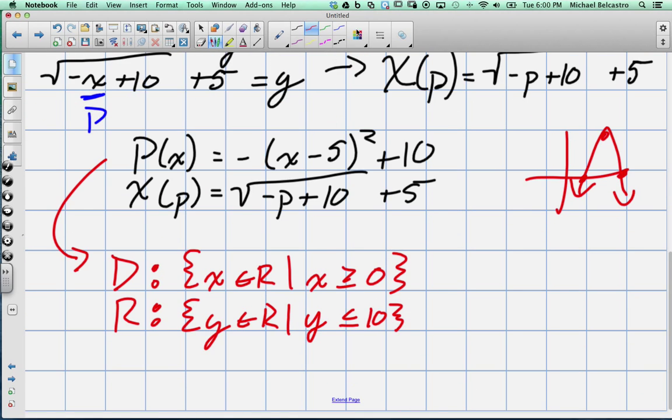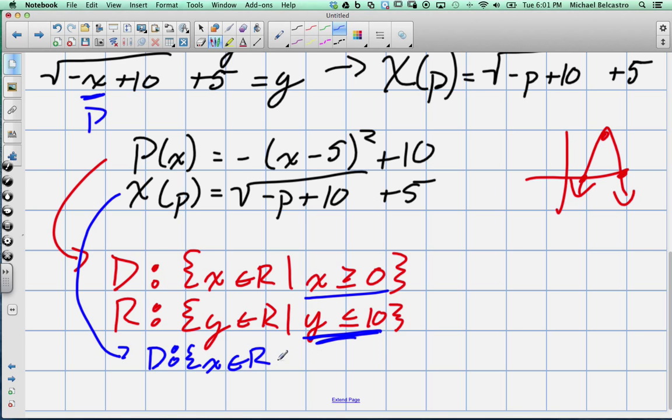So instead of trying to figure out our new domain and range for our inverse, we just know that these two values have been flipped. So our domain is x in the reals, but we take this part of it such that x is less than or equal to 10.